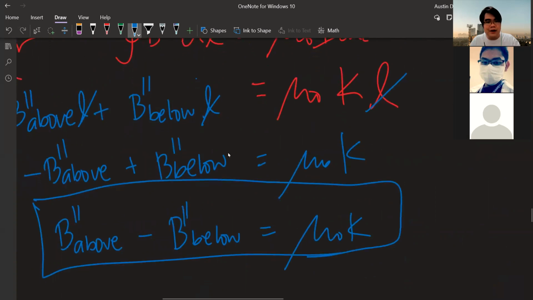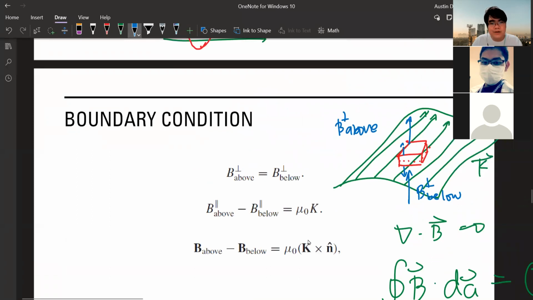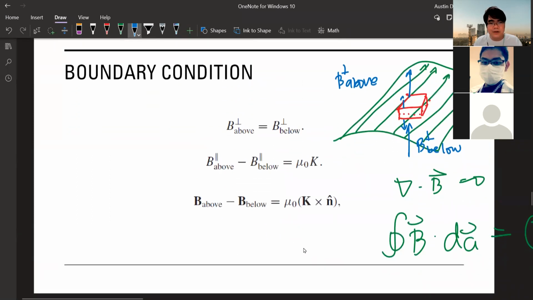Alright? Okay, so in general, you can have it in a vector form, and that would give me this. Okay, B above minus B below is equal to mu naught K cross n hat. Okay? So, kung yung K mo is towards, kunwari, x hat. Piliin na lang natin ibang coordinate.